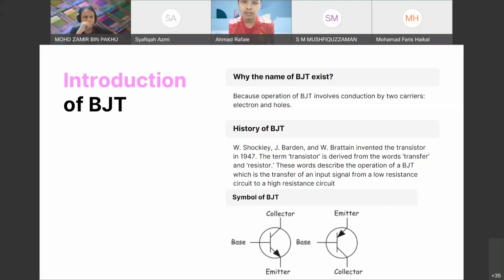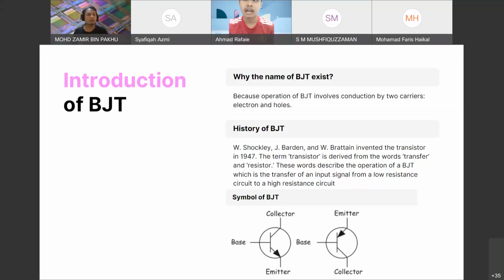The third one is the symbol of BJT. BJT consists of two symbols, which are NPN and PNP respectively. Based on the symbol, the left side is the NPN transistor, because we can see that the arrow flows out of the emitter.